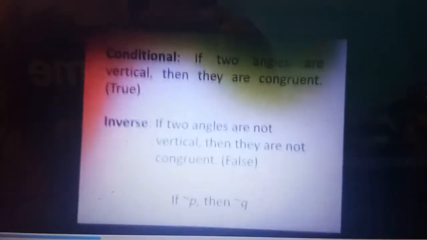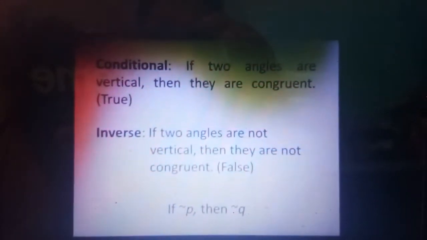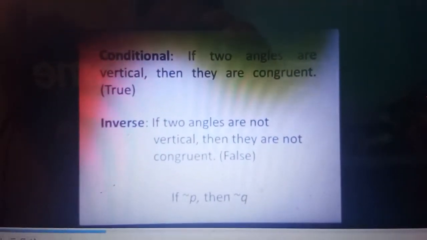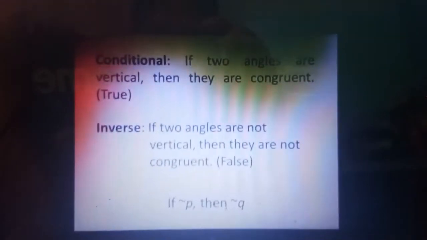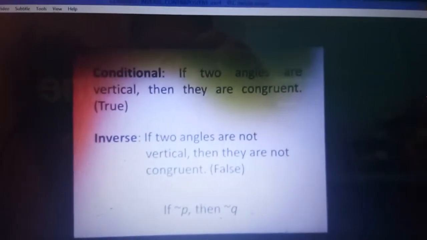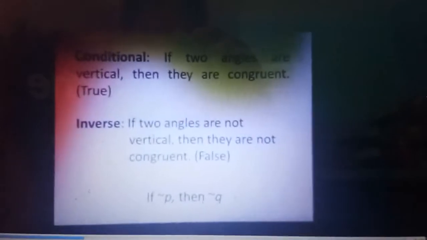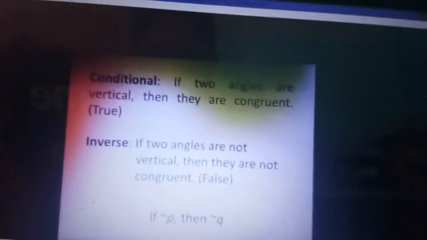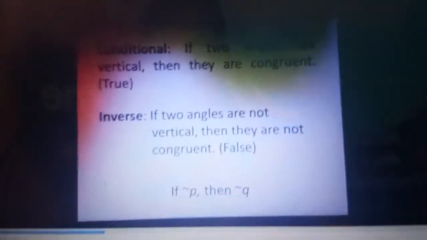The hypothesis is two angles are vertical, and the conclusion is they are congruent. So in the inverse, if two angles are not vertical, then they are not congruent. Okay?